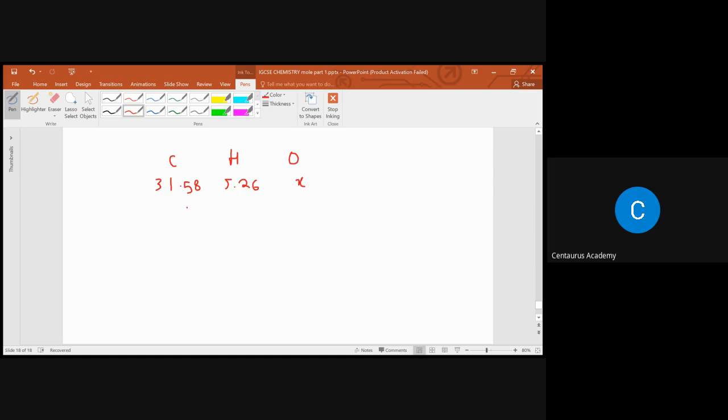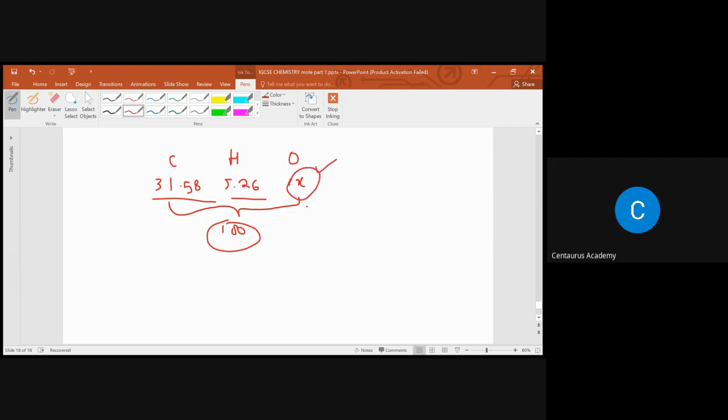What will you be doing? You know that the whole compound is basically 100%. It is going to be completely 100%. You subtract both of these two numbers, 31.58 and 5.26, from 100 to give you the answer for percentage composition for oxygen.